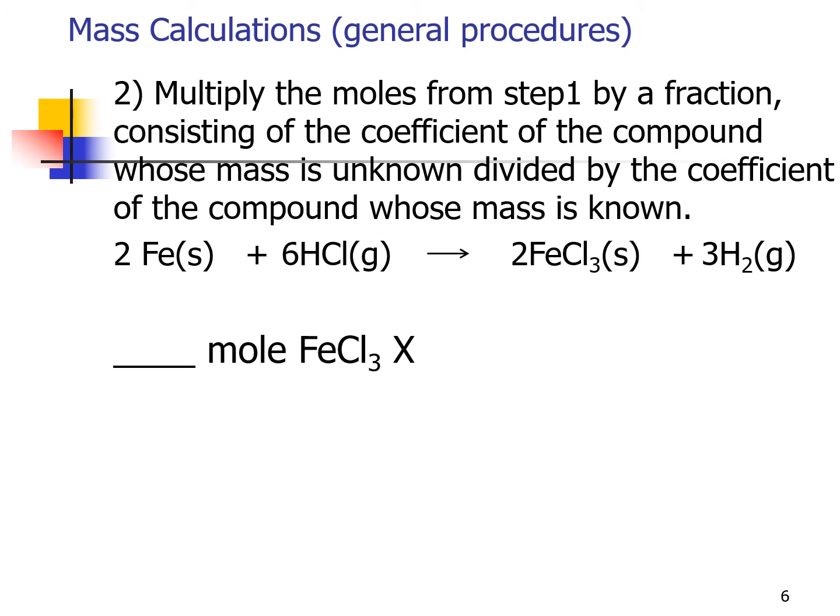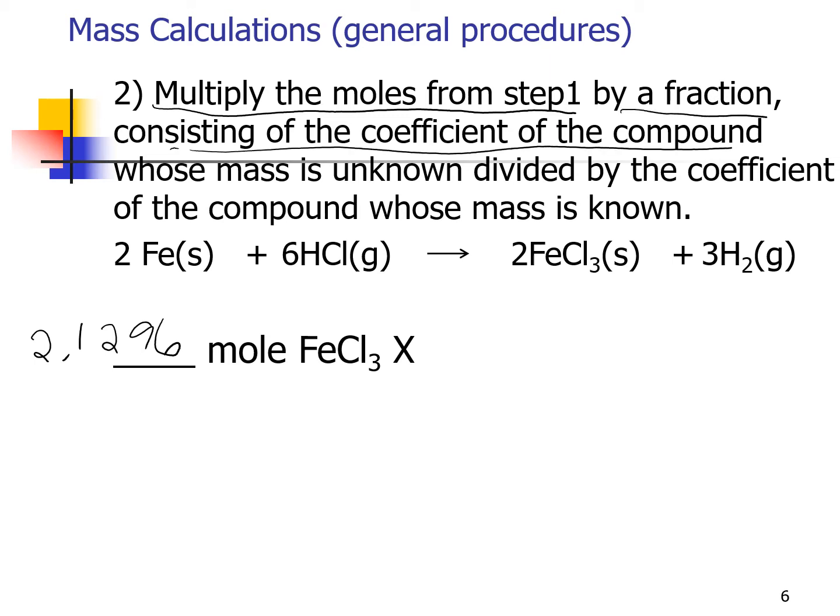In step 2, we will multiply the moles from step 1. The moles from step 1 we calculated to be 2.1296 moles of FeCl3. We're going to multiply that by a fraction consisting of a coefficient of the compound whose mass is unknown divided by the coefficient of the compound whose mass is known.